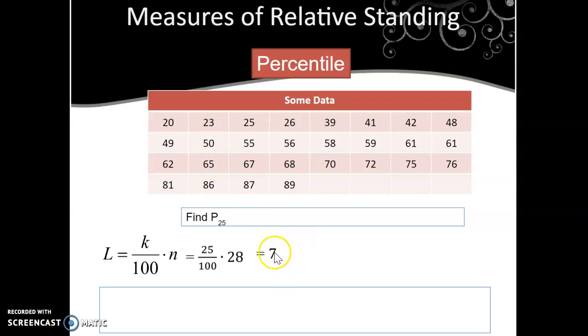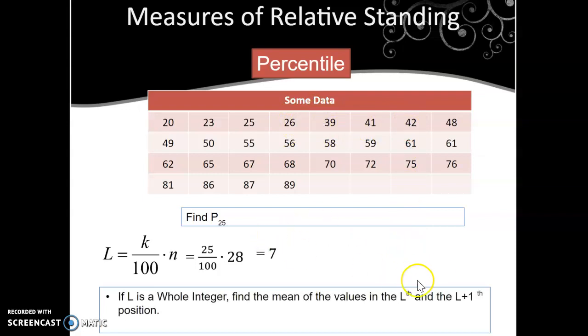This is supposed to be the location of the numbers prior. So 1, 2, 3, 4, 5, 6, 7. In the previous examples, we had a decimal, so we went one beyond that. If our L is a whole integer, we find the mean of the values in that position L and the one after it, the L plus 1 position.